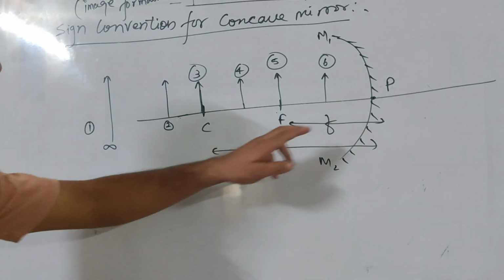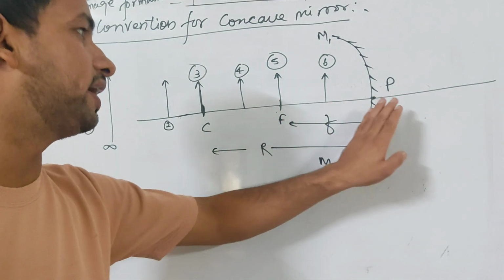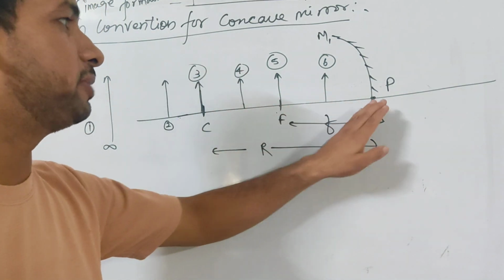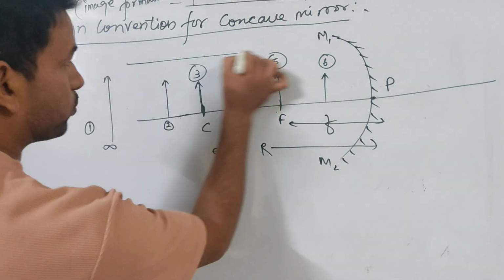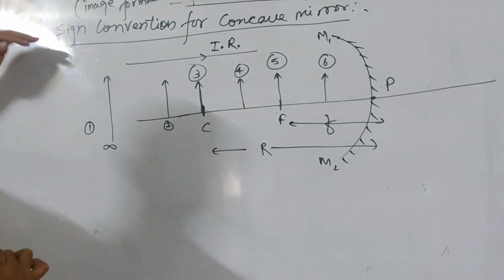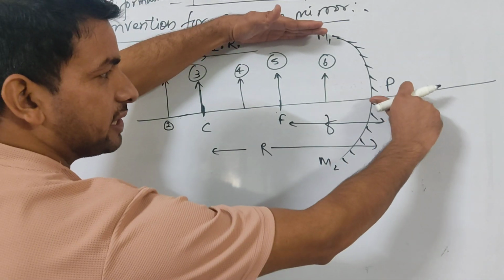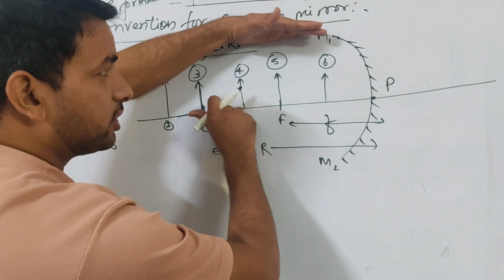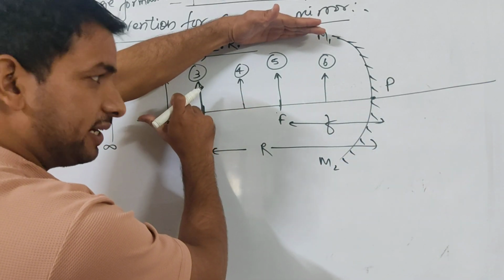Sign convention for this, it's very simple. You have to take all distances from the pole. Yesterday I taught you, right? All the distances must be taken from the pole. If the incident ray is passing through this direction, and you want to measure the distance from the pole towards this direction, that means you are moving opposite to the direction of the incident ray.